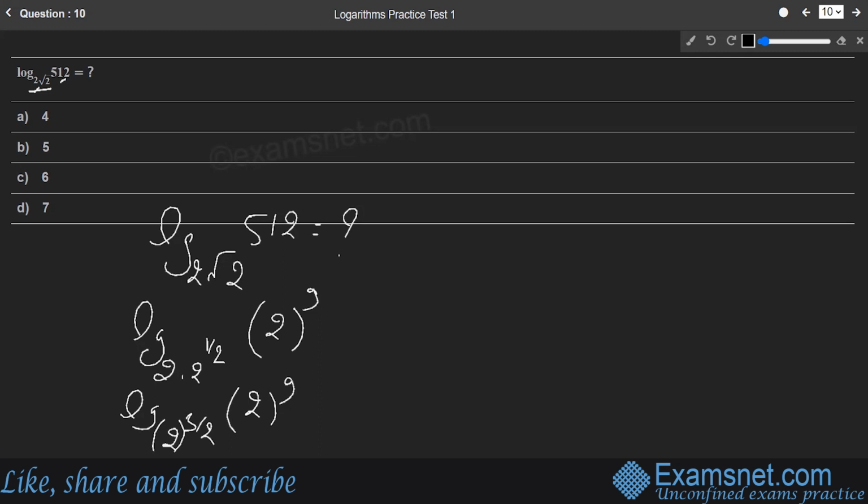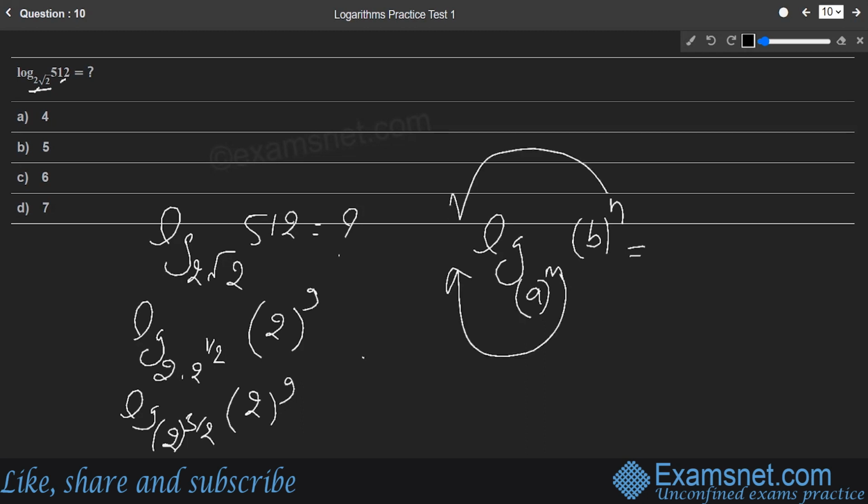Now we know there is another property: if the base has a power m and the number has a power n, this can be written with the m going to the divide part and the n coming in the multiply part, so it can be written as n over m times log base a of b.